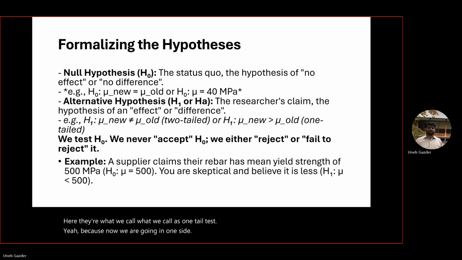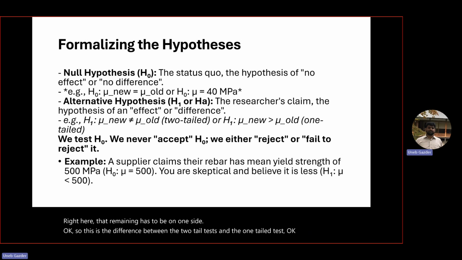In this case, we are talking about 95%, so remaining is 5%. That remaining can be this side or this side, but here, that remaining has to be on one side. So this is the difference between the two-tailed test and the one-tailed test.